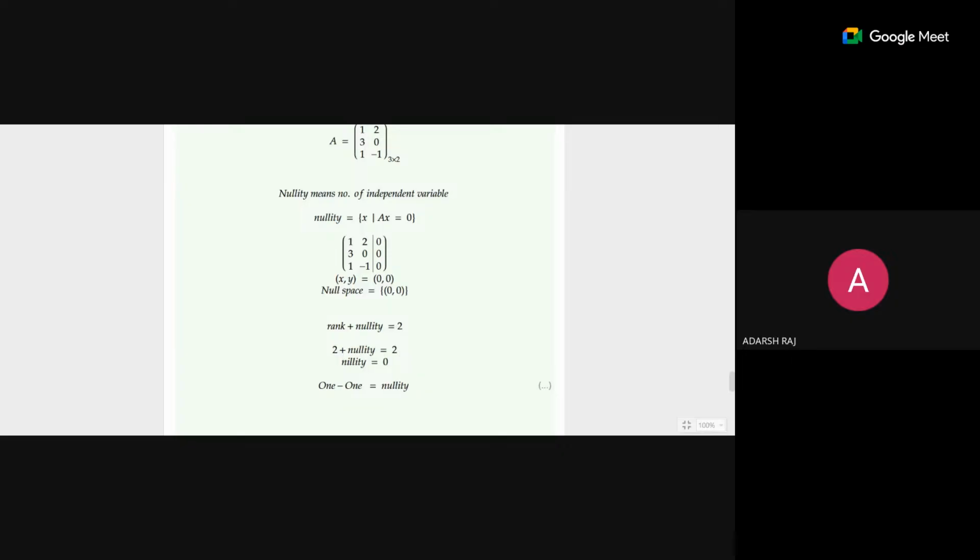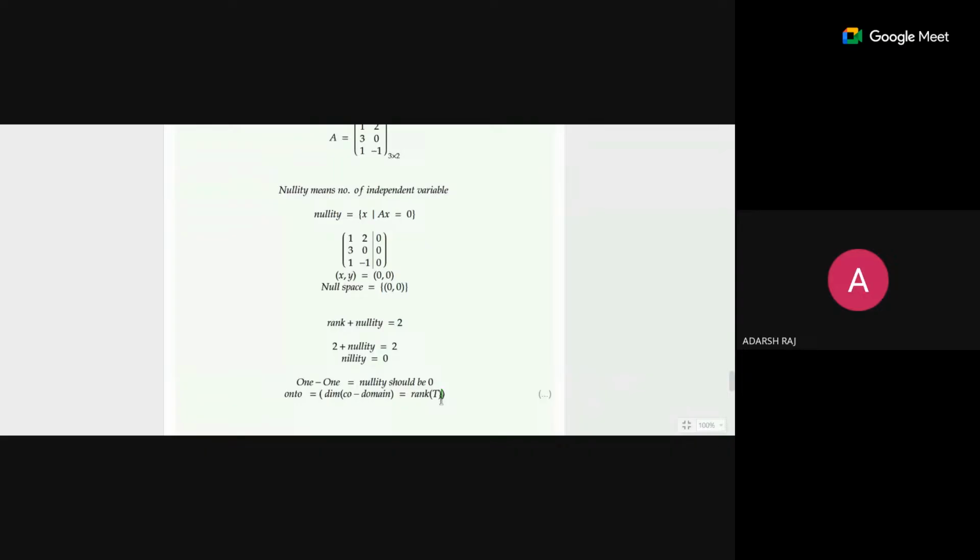And for onto, the dimension of codomain is equal to the rank of T. For checking onto.